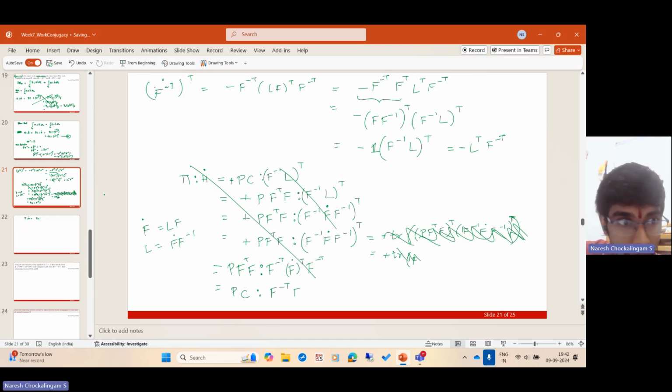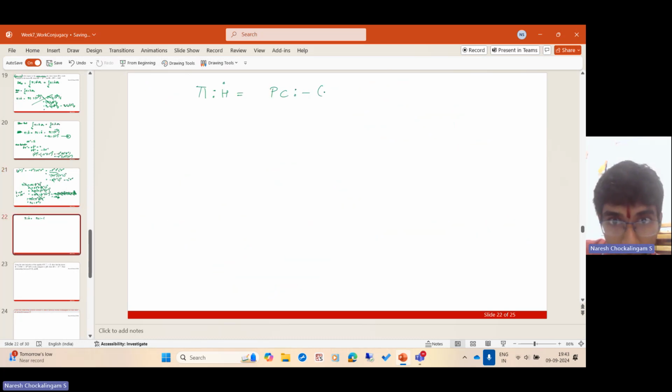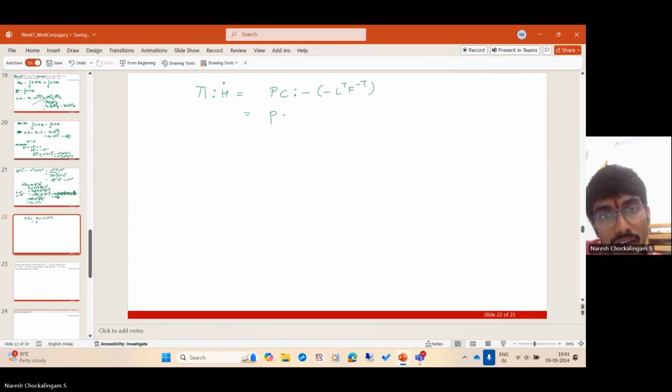Minus of L transpose F inverse transpose. Right? So this is P C contracted with L transpose F inverse transpose.